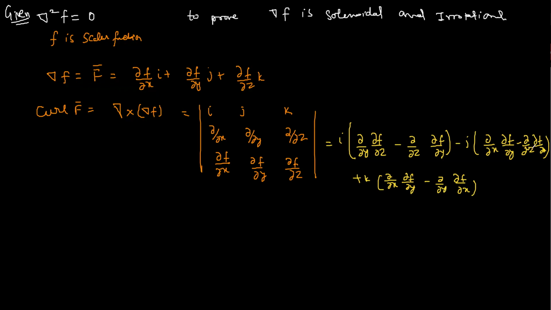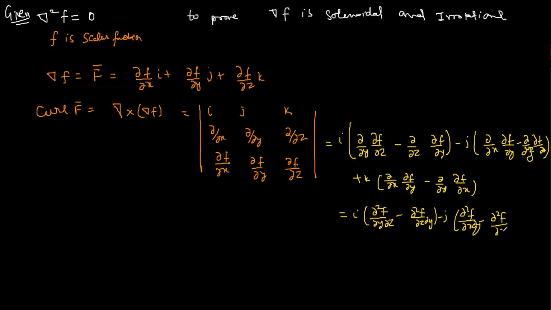See, this is nothing but what? Del square f upon del y del z, del square f upon del z del y. Del square f upon del x del z, del square f upon del z del x.